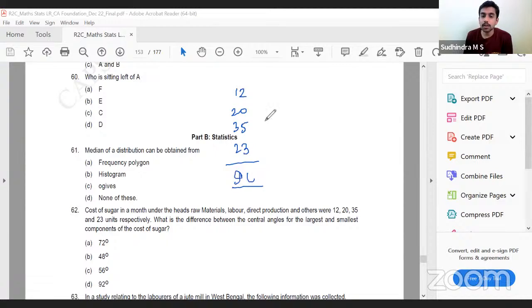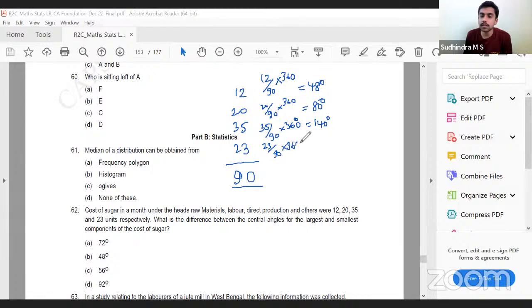So 12 divided by 90 into 360, we get 48 degrees. 20 by 90 into 360, 80. 35 by 90 into 360, 140. And 23 by 90 into 360, 92. So here the largest degree, 140, smallest is 48, 140 minus 48, 92. Difference they're asking us.